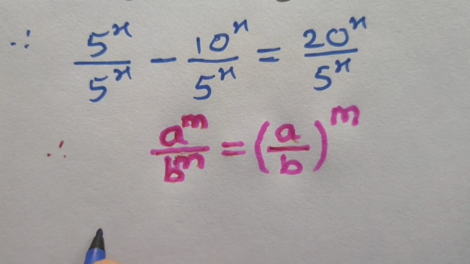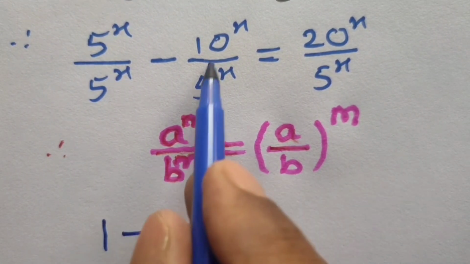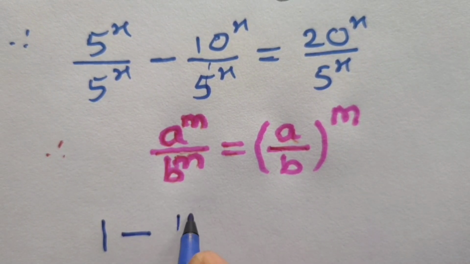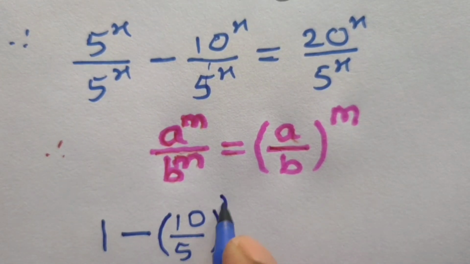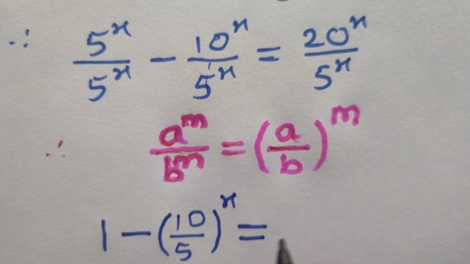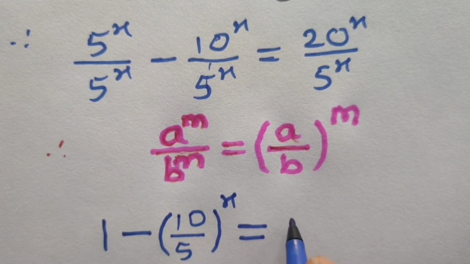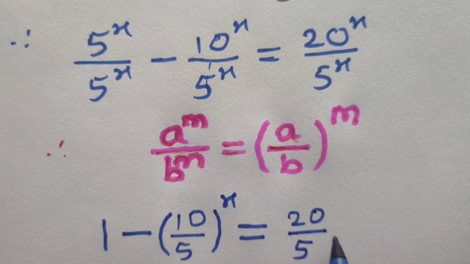Then the first term becomes 1 minus 10 to the power x upon 5 to the power x, which can be written as 10 upon 5, whole to the power x, is equal to, now on the right hand side, 20 to the power x upon 5 to the power x, which can be written as 20 upon 5, whole to the power x.